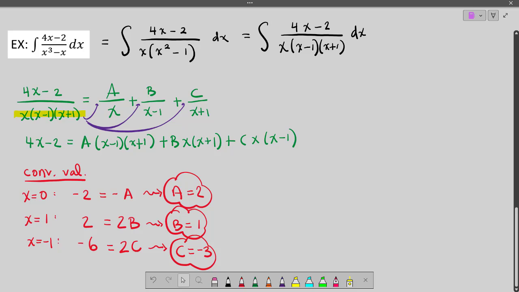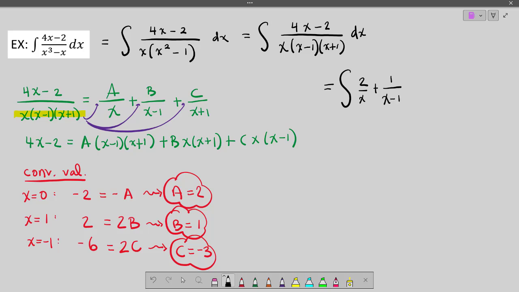So that allows us, this time I have space, I don't need to go with that omega thing. This just tells us that this integral now becomes the integral of 2 divided by x plus 1 divided by x minus 1 minus 3 divided by x plus 1 dx.